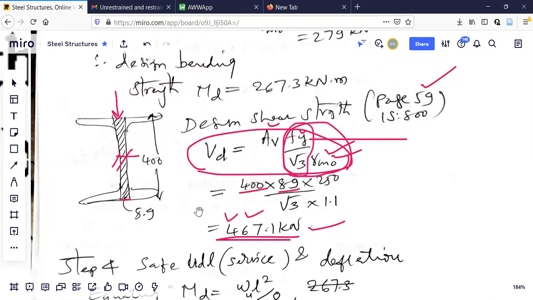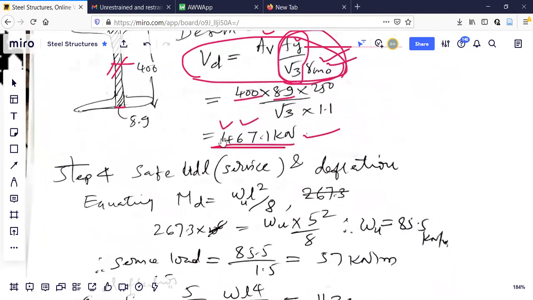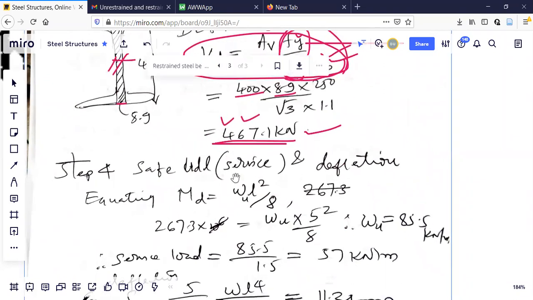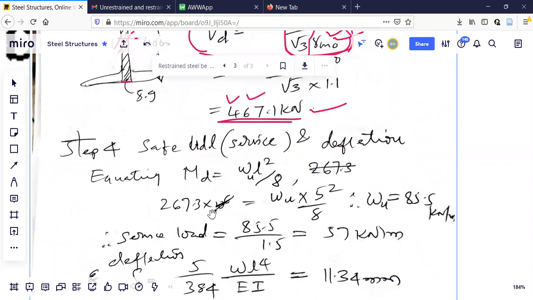Some rule is there for that, but here you try to understand this is nothing but the maximum shear force that the beam can resist, 467.1. Due to some other conditions, we will not use this value also. Some multiplier is there, maybe 0.6, something like that. That value is final.